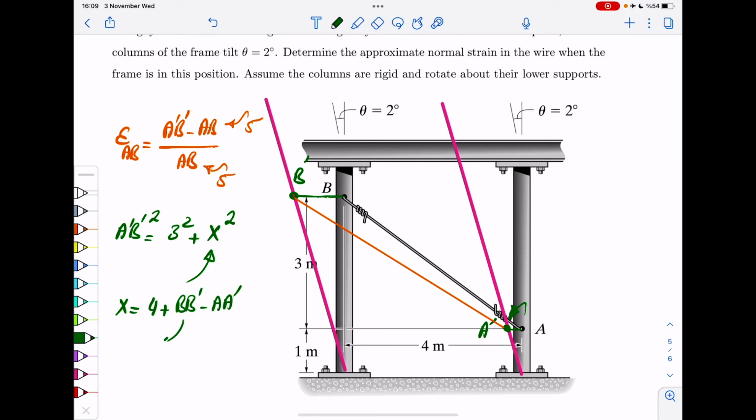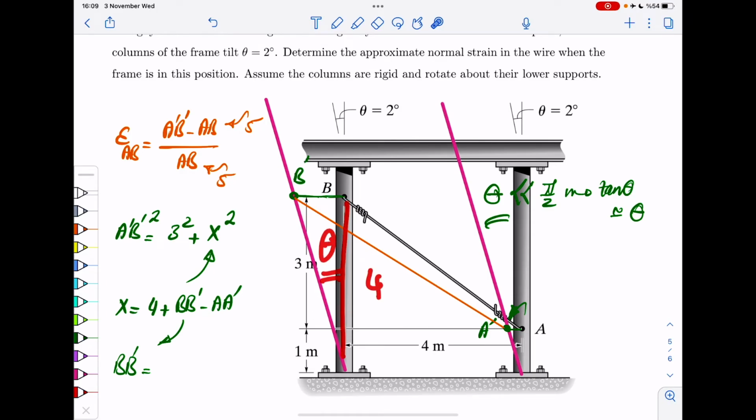Now, bb prime is height times tangent of that little angle, theta. But then again, this angle is much less than, let's say, pi over 2, so we can assume that that tangent is the same as the angle itself. So bb prime would be this height, which is 4 times the angle itself, theta.